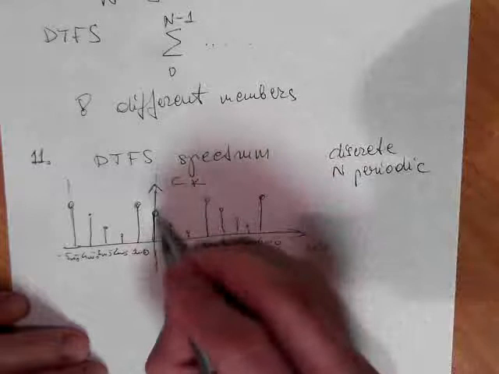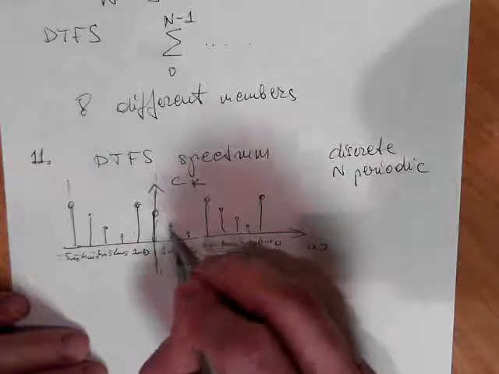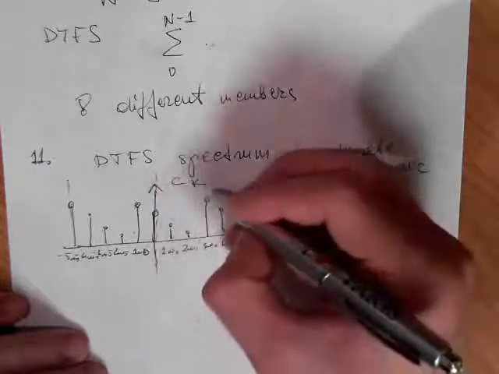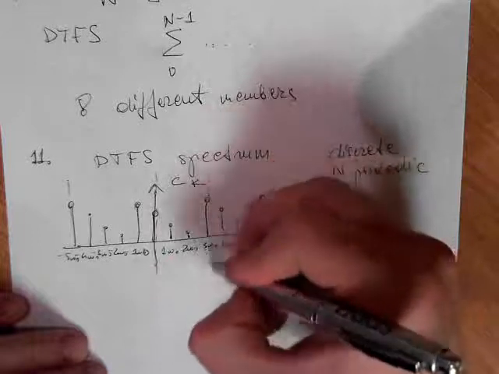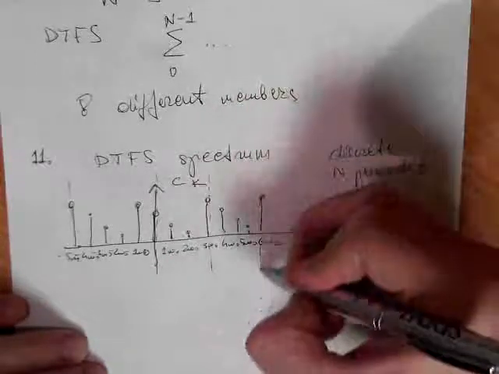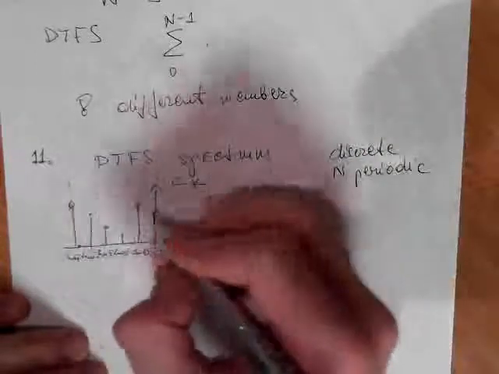So this small value comes to this big value. This is a small value and it comes to this big value.